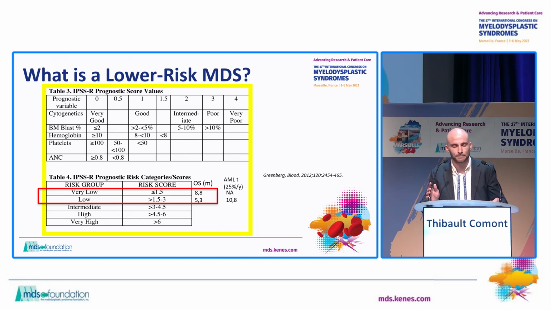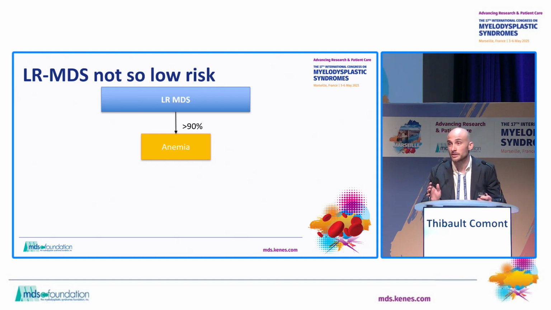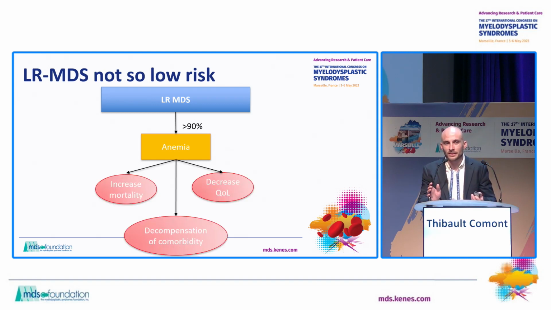But low-risk MDS doesn't mean this is a low-risk disease, because these patients can suffer from complications related to cytopenia. The first is anemia, which is the most frequent cytopenia in low-risk MDS patients. Anemia is an independent factor of mortality, but also of decompensation of comorbidity and impaired quality of life.